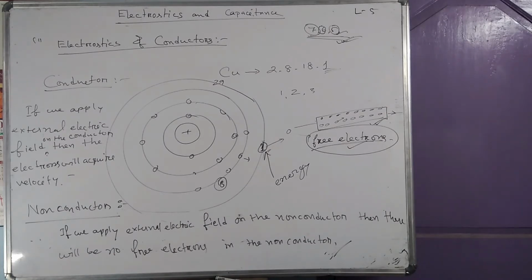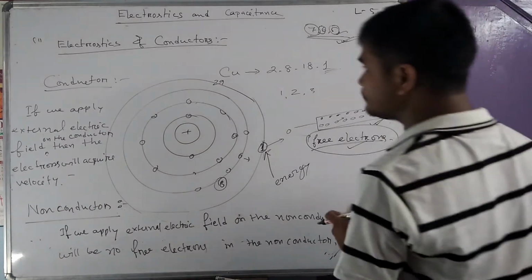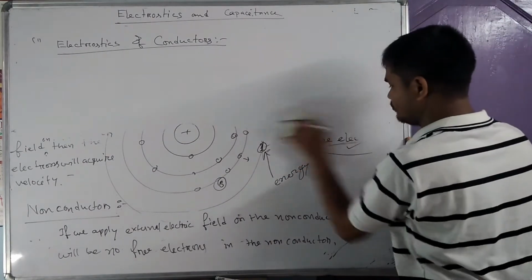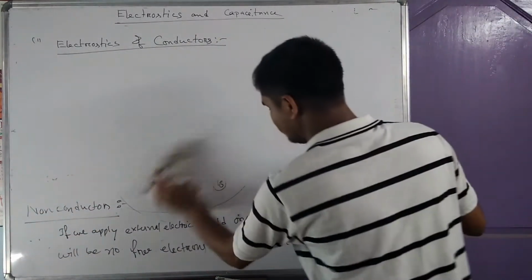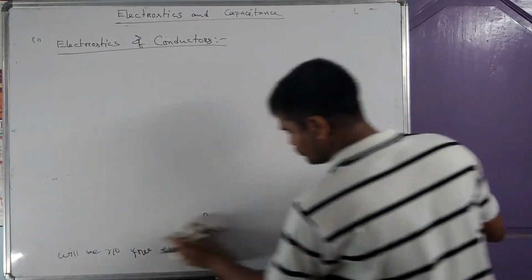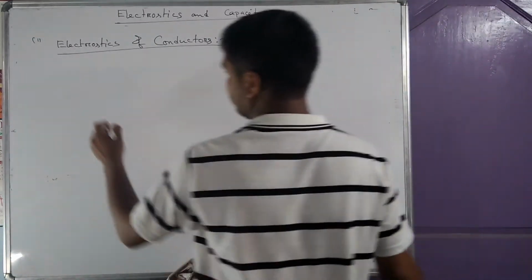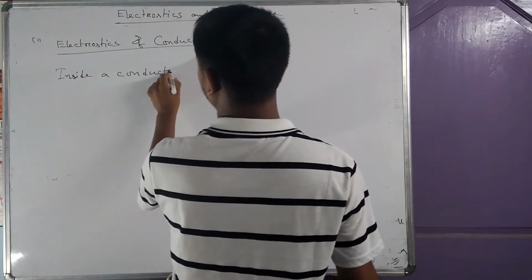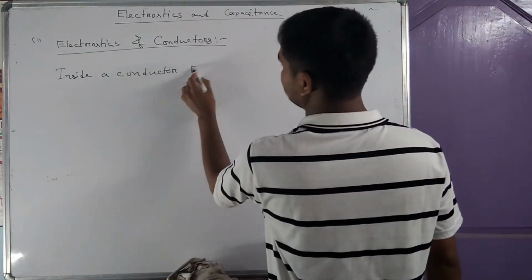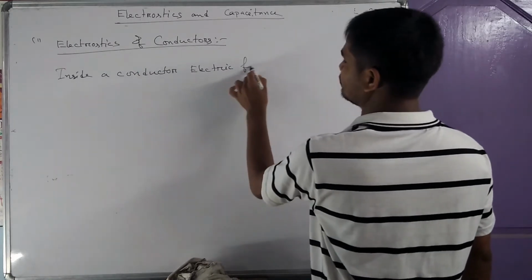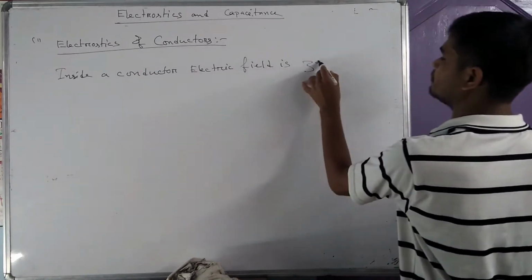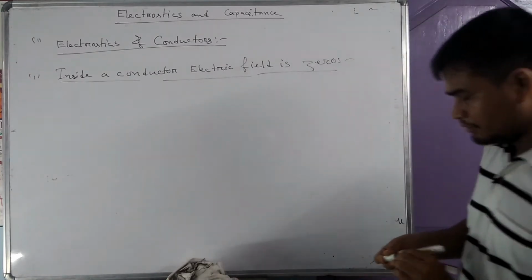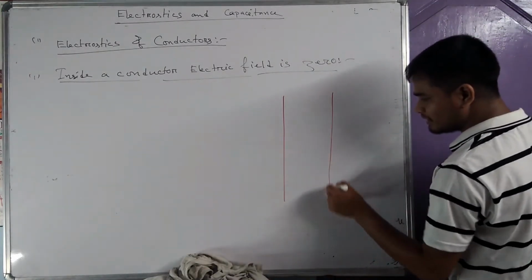Property number 1: inside a conductor, the electric field is 0. Okay, let us consider this is a conductor.